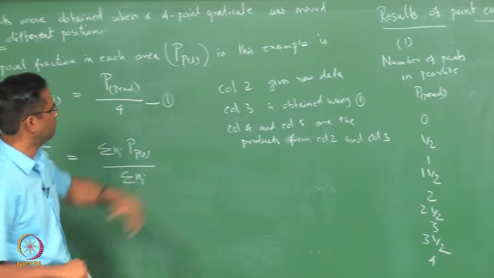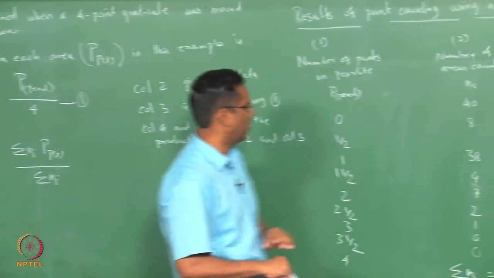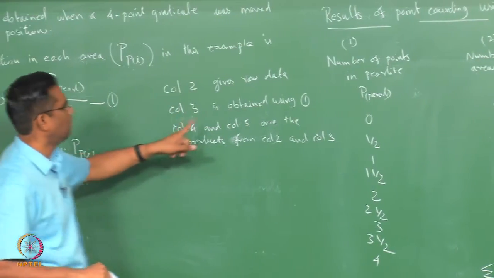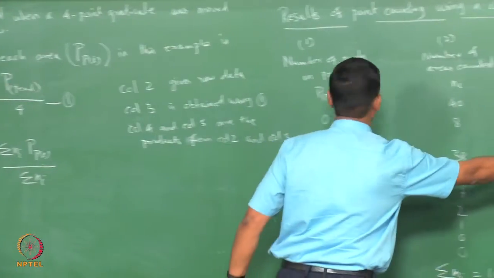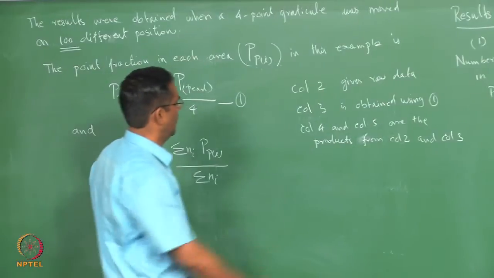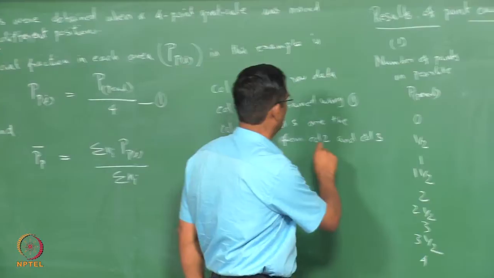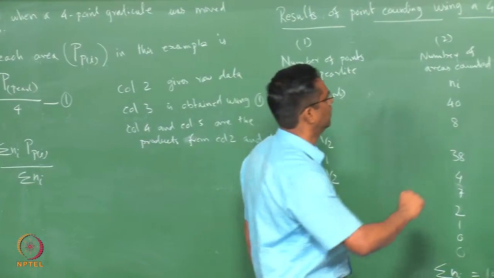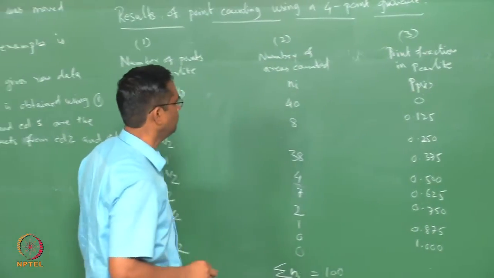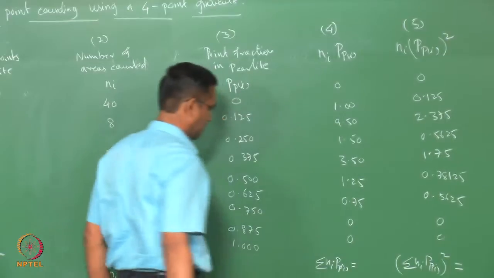So, you have this raw data according to this micrograph. Column 3 is obtained using this equation 1, and columns 4 and 5 are the products from columns 2 and 3. So, 2 and 3 you get this, and then of course, this is simply a square of this.